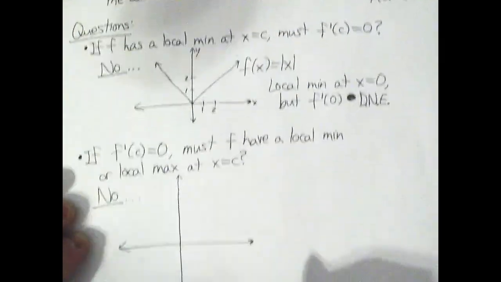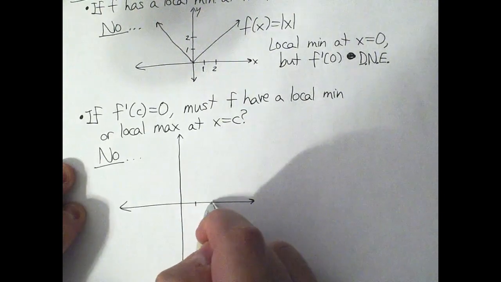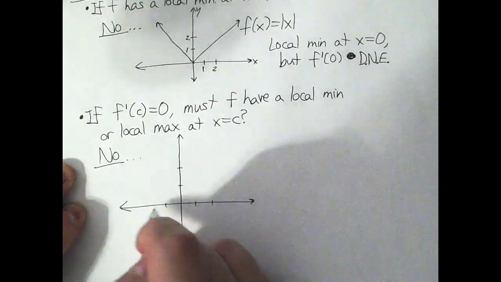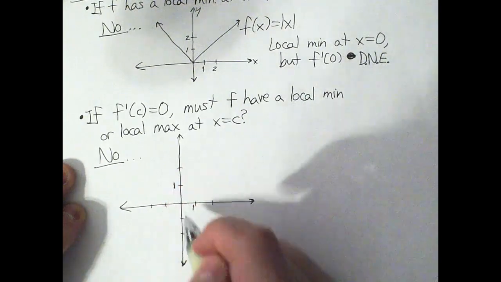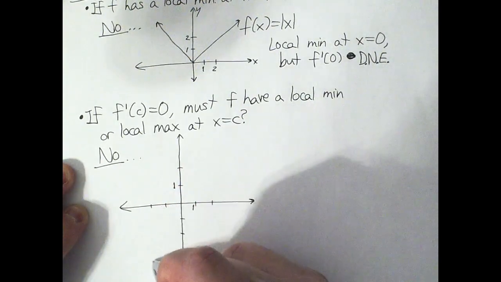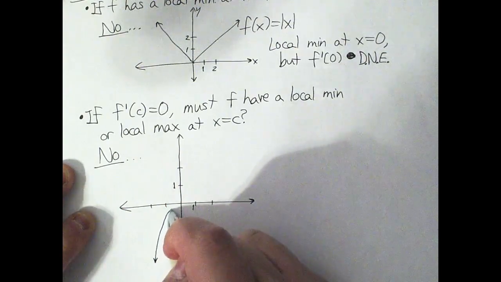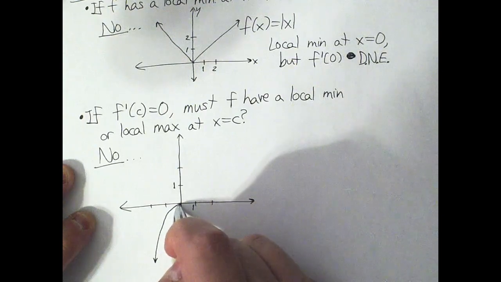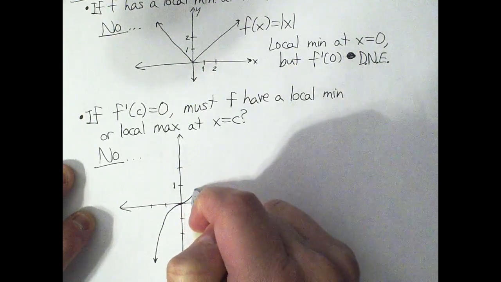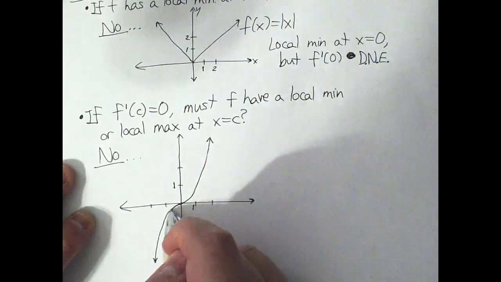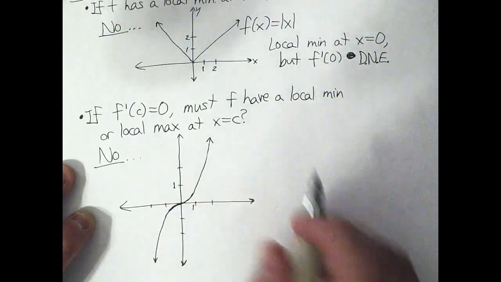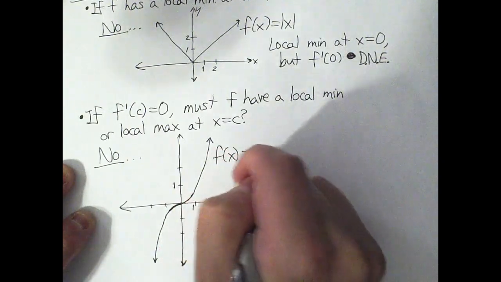There are many examples of this, but I think my favorite example of this is, this will be an approximate picture, I guess. Do you know what function I'm drawing? Might not be perfectly to scale. That's okay. This is the function f of x equals x cubed.